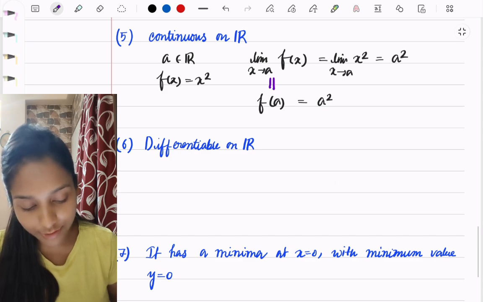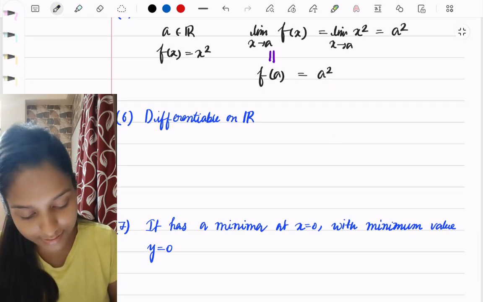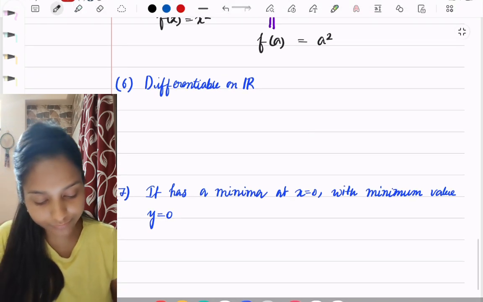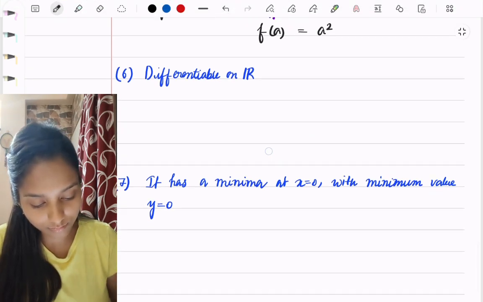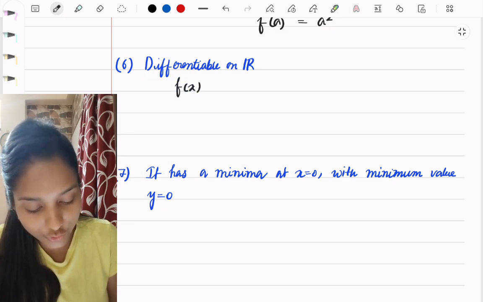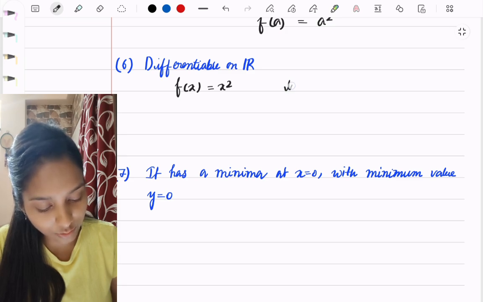Similarly, for differentiability, we must have this limit. So here, suppose we have f(x) equals x square. Now we must find the limit x tends to a.